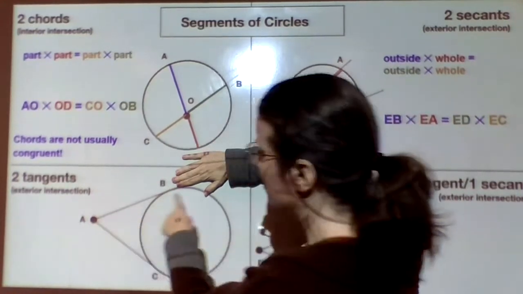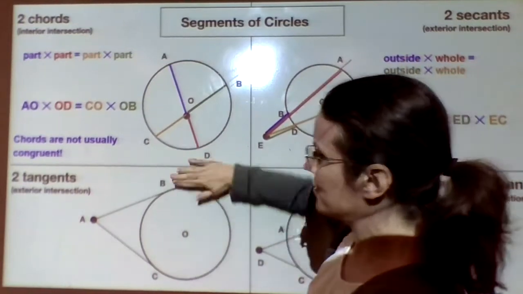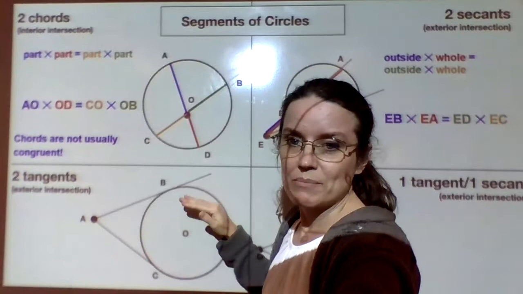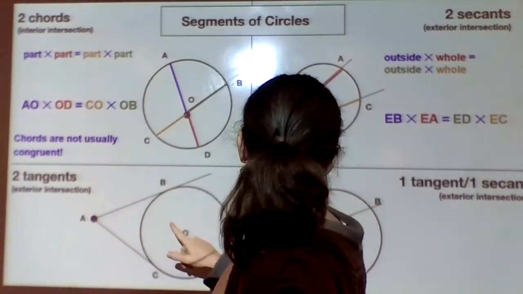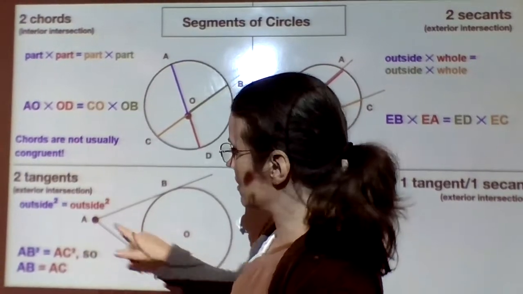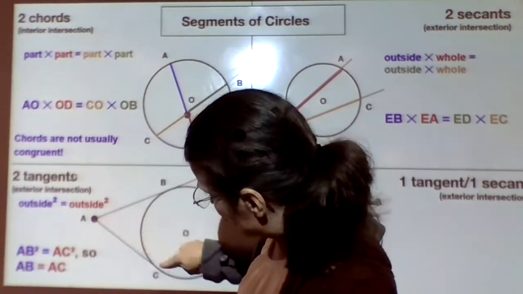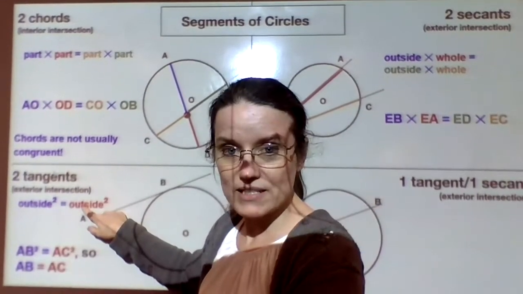The outside part is the whole thing. So when I go to do outside times the whole thing, my outside part is the whole thing. I'm going to end up doing outside times outside, which is going to give me the outside squared. And on this tangent, the outside is the whole thing, so I'm going to have outside squared here.